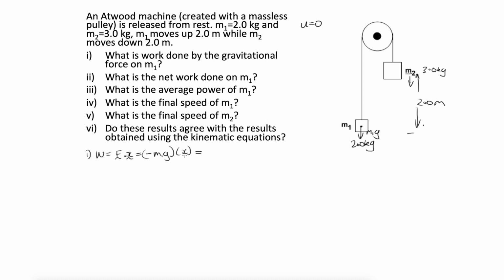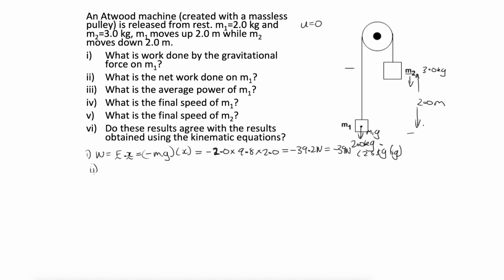So we can calculate what this is equal to: minus the 2 kilograms times G, which is 9.8, times the upwards displacement, which is also equal to the 2 meters. These two have to have the same displacement. And so calculating that, we get minus 39.2 newtons, which is equal to minus 39 newtons, and that's to 2 sig fig.